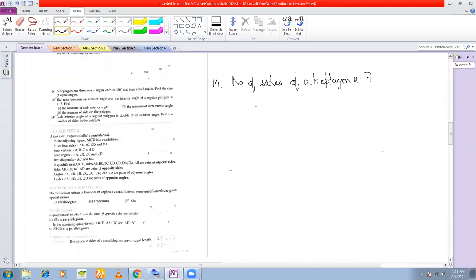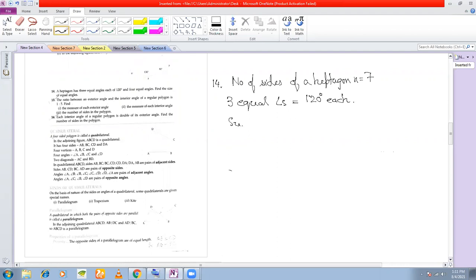And 3 of them, what is the measure of 3 of them? 3 of them are 120 degree, and 4 equal angles are of some other measure, which they have not given. Find the size of the equal angles. So the 3 equal angles are 120 degree each, right?